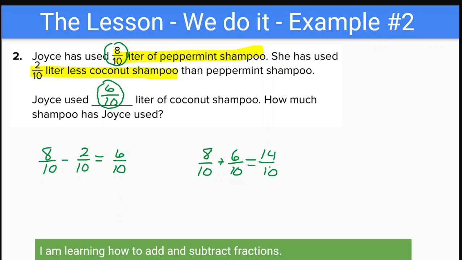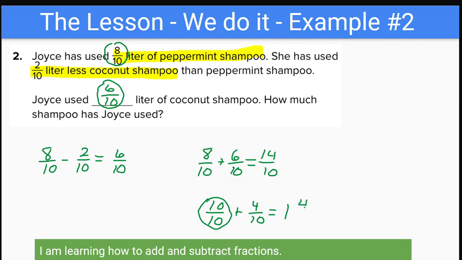14 tenths. Now this is an improper fraction, and you could just leave it like this, but if you want to be smart, you can change this. 14 tenths is the same thing as 10 tenths plus 4 tenths. We know that 10 tenths is a whole because anytime the numerator and denominator are the same, that's a whole.